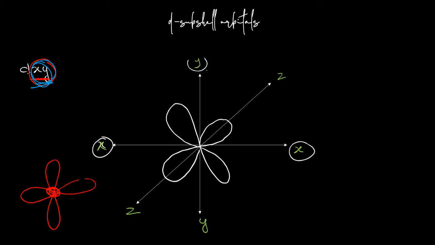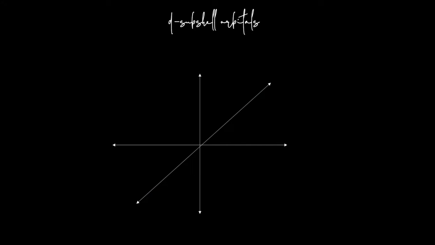One of the lobes is simply passing between the x and y axes, and the other lobe that we draw, which is also passing between x and y, is drawn in such a way that it seems as if the z-axis is going through it. So one lobe is not being intersected by any line, but the other lobe is being intersected by the third axis, which is not mentioned over here. And this will get clearer as we go on. So this is your dxy.